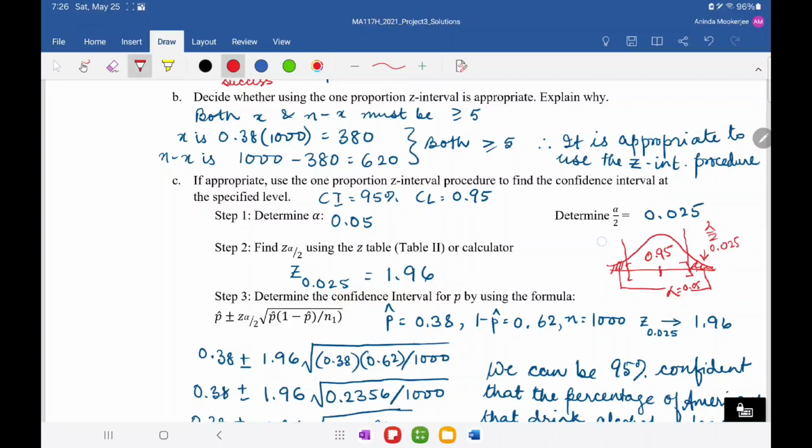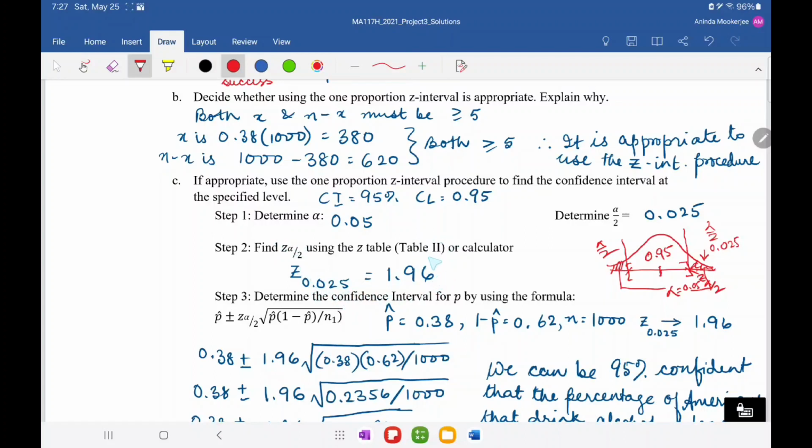That's alpha by 2. Okay, so you can always find the z value corresponding to each endpoint, which would be z of alpha by 2. If it's on the right side, it'll be a positive z value. If it's on the left side, it'll be a negative z value. So what we found here in step 2 is z of alpha by 2, which is 1.96.